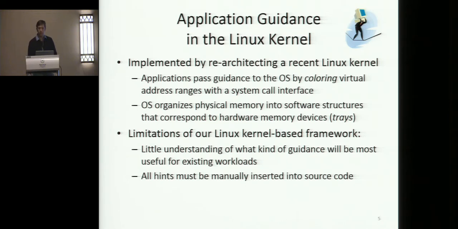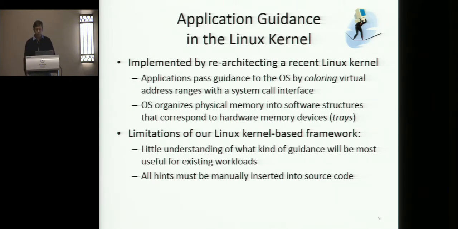We've implemented this framework by re-architecting the memory management of a Linux kernel. With this approach, applications use a system call interface to mark or color portions of their virtual address space, and they can also attach attributes to each color to inform the operating system how the application intends to use the colored memory.